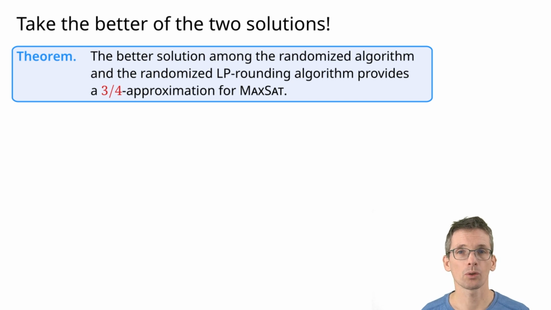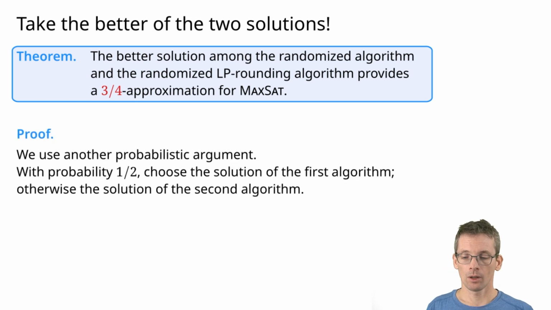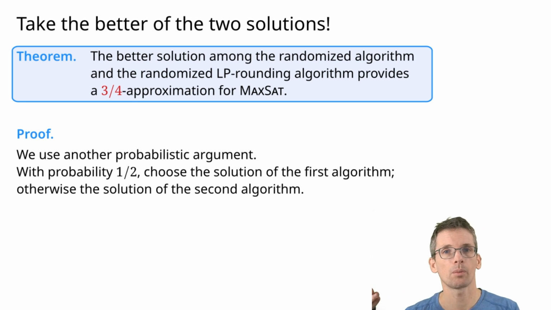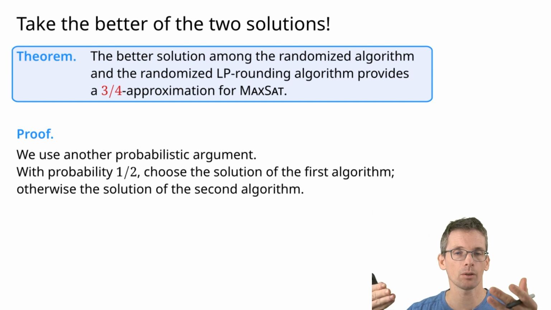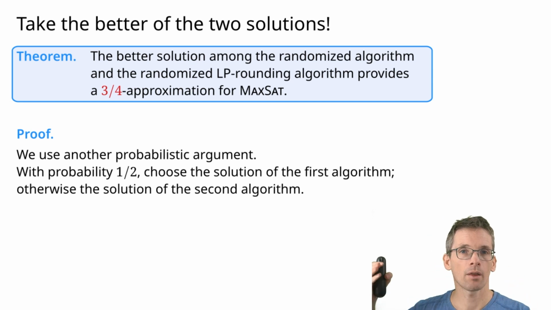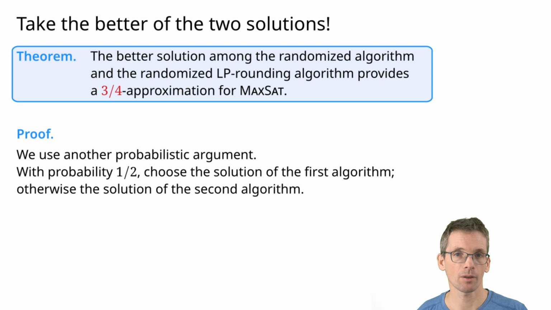So what we're going to do is we assume that we're not actually taking the better algorithm, but we simply take with probability 1/2 the result from one algorithm and with probability 1/2 the result of the other algorithm. So this is worse than what we're actually doing if we take the better one.